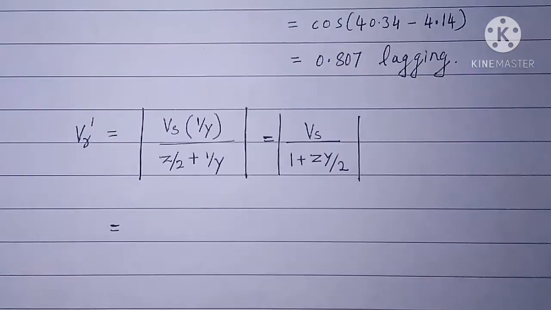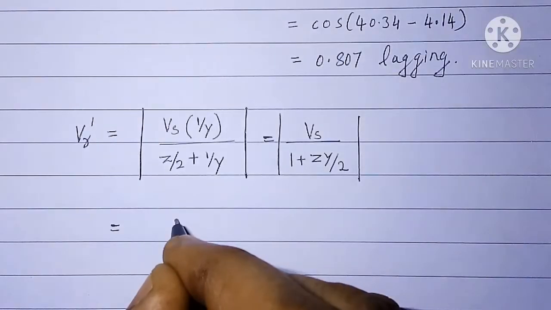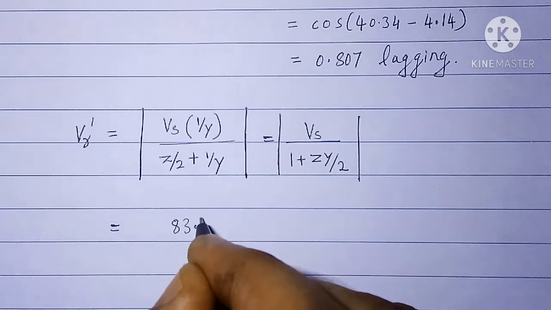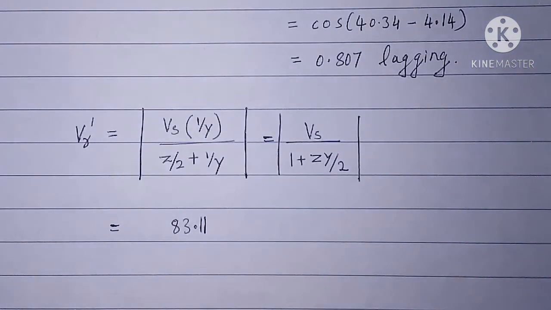Substituting for Vs per phase value 83.11, it's a magnitude, we are not taking angle here.